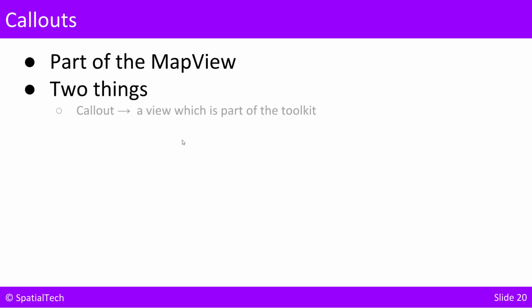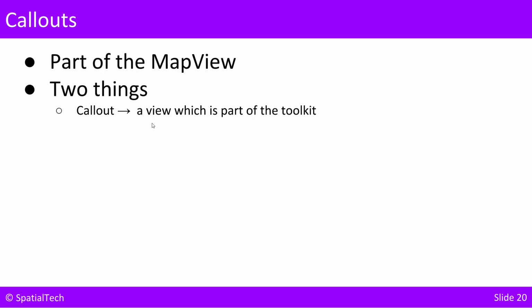So now what I'm going to do is talk about callouts. So callouts are a part of the map view. So there's actually two components to a callout. There is the callout data and the callout view. And the callout data is part of the map view. Now this is a view, so typically unique views for a particular runtime end up in the toolkits.